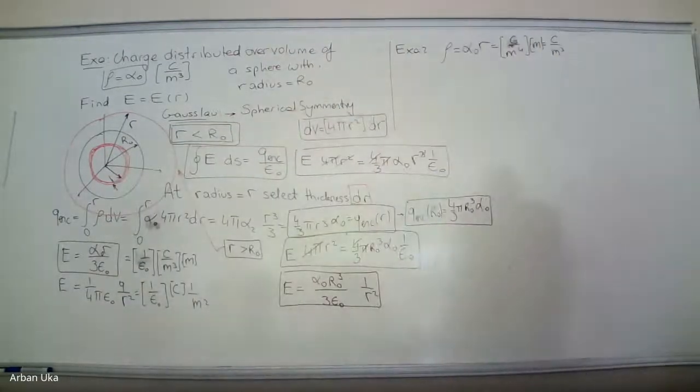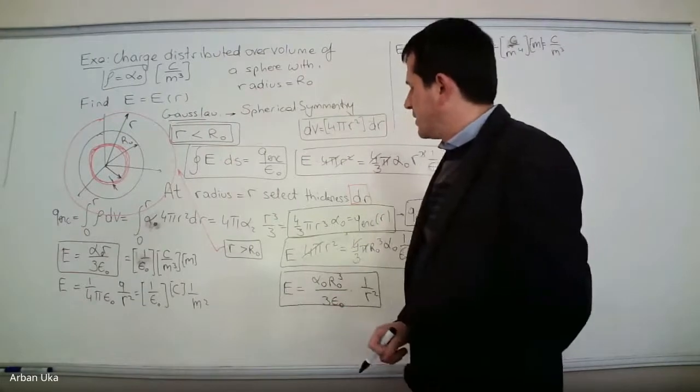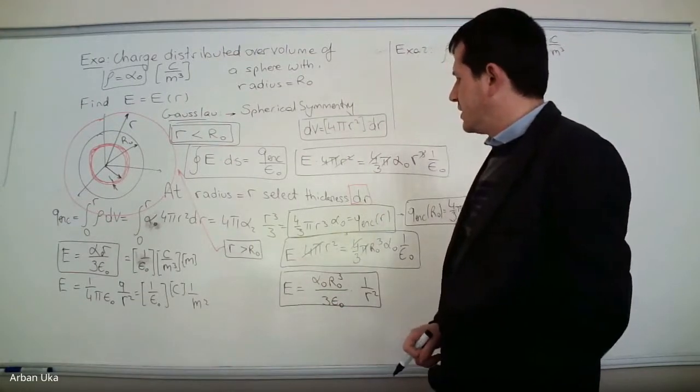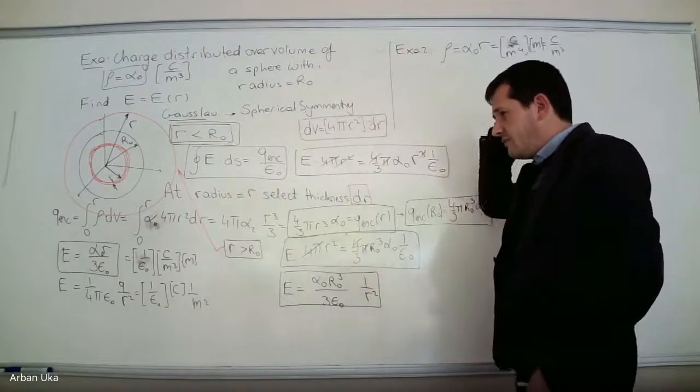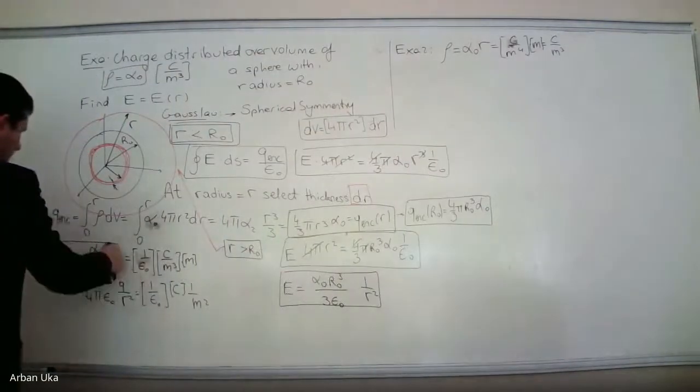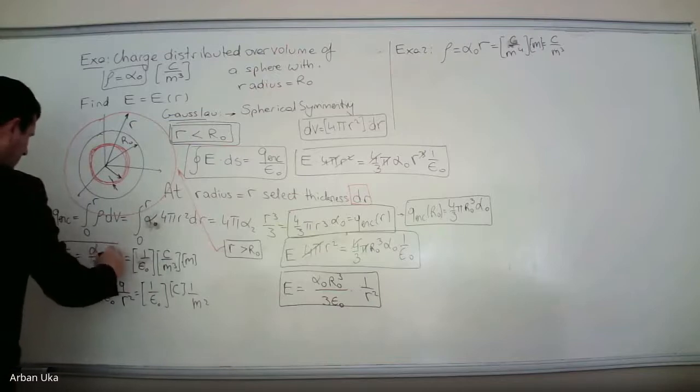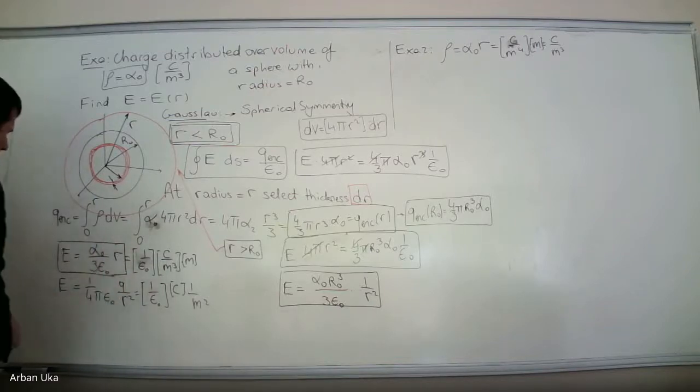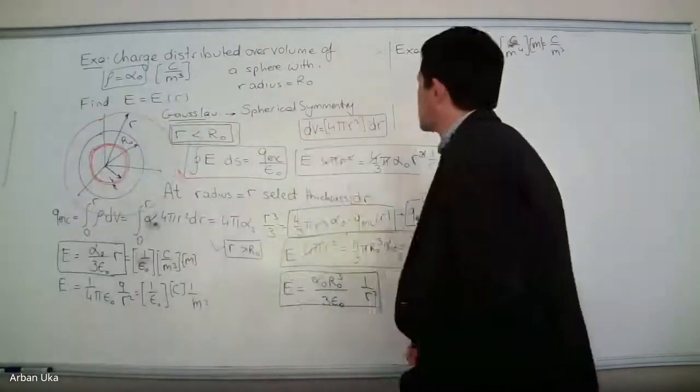So what we observe here is that in one region, the electric field is proportional to R. Maybe it is better if we write this in this form. These are constants times R, and here we have some constants times 1 over R squared.